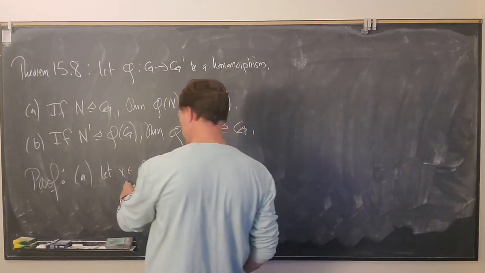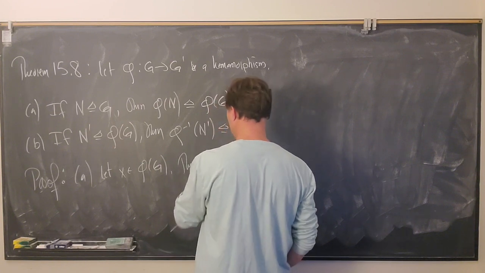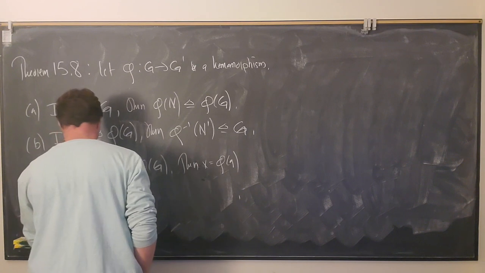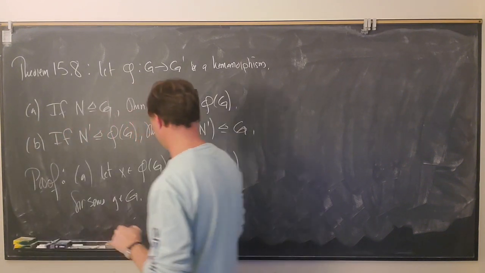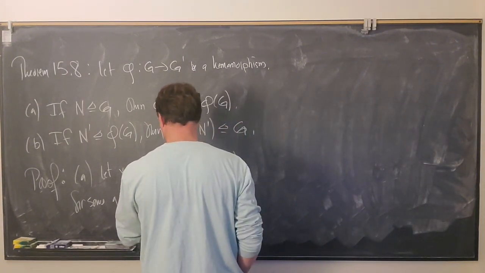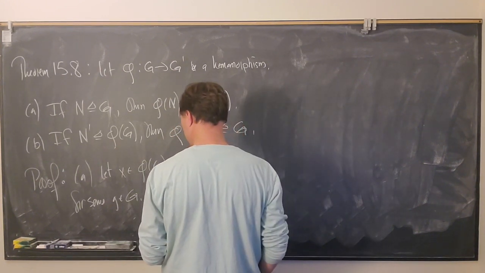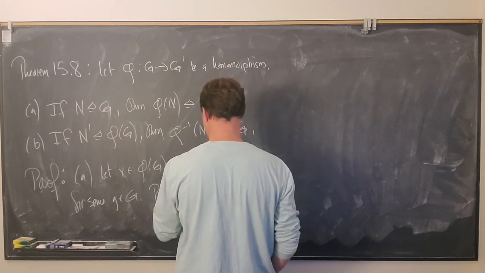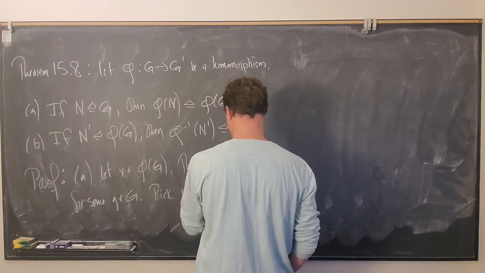So what does it mean to live in phi of G? Then X is equal to phi of little g for some little g in capital G. Now let's pick somebody in the conjugate of phi of N. Let's pick y in X phi of N X inverse.